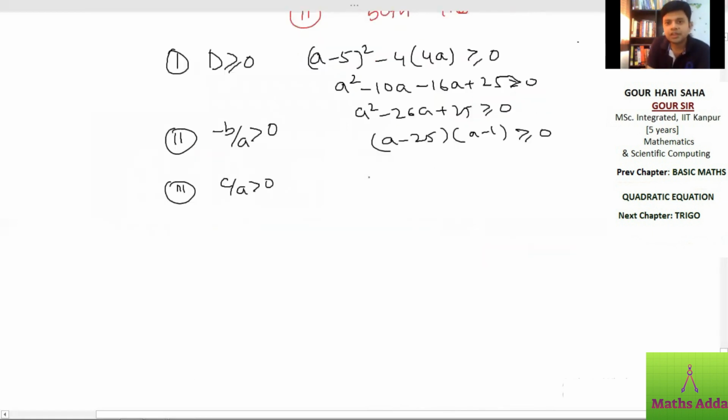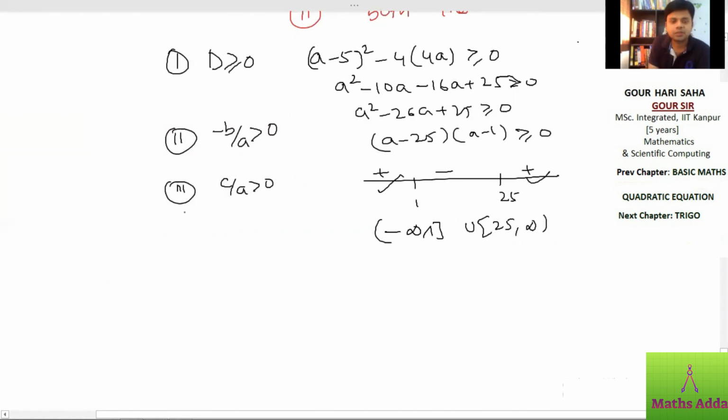How to solve it? Using the sign scheme. So plot the number line, critical points 1 and 25, plus minus plus. We are looking for greater than or equal to 0, so this and this: minus infinity to 1 closed, union 25 closed to infinity, right? Now solve the second part, that is minus b by 2a greater than 0.